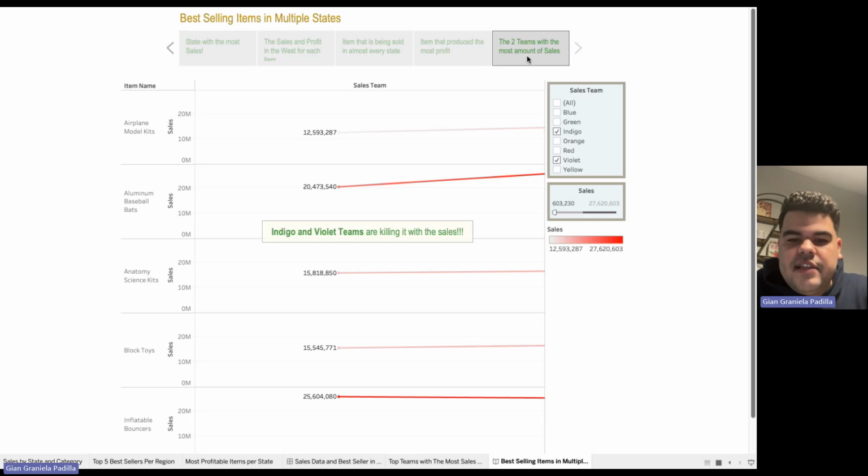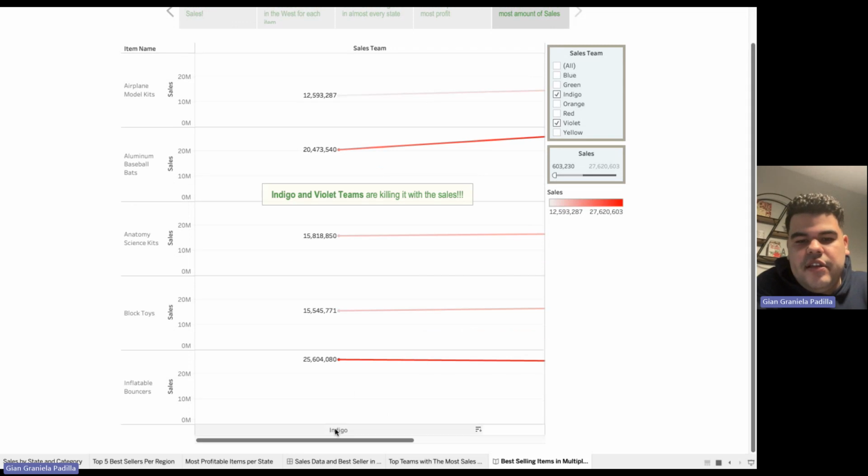And then for this one, I am talking about the best performing teams. So the indigo and the violet teams did the better amount of sales, just like I mentioned earlier.